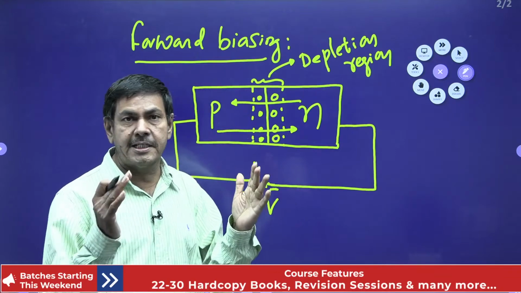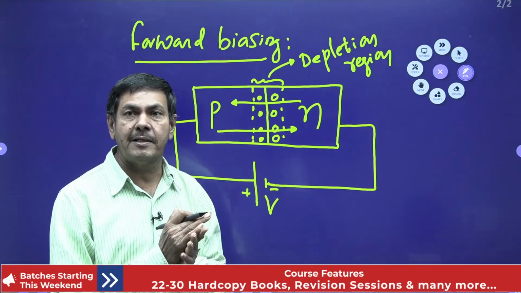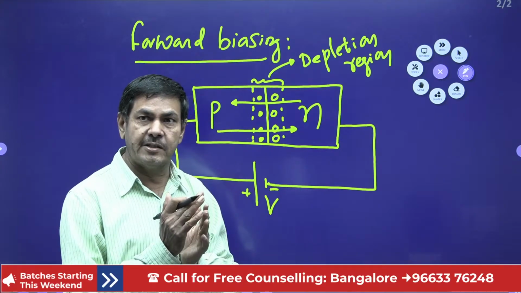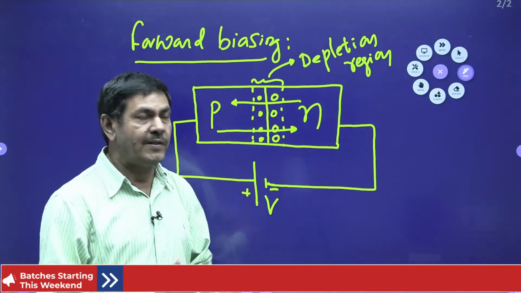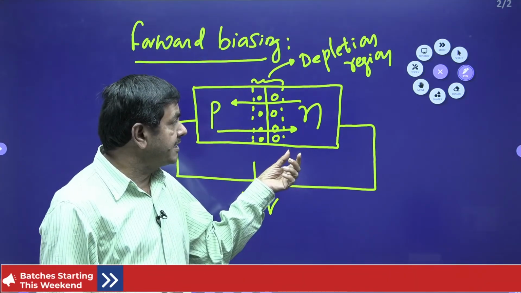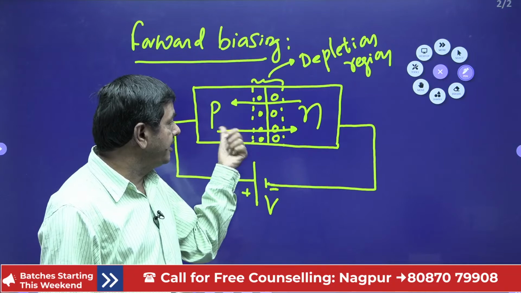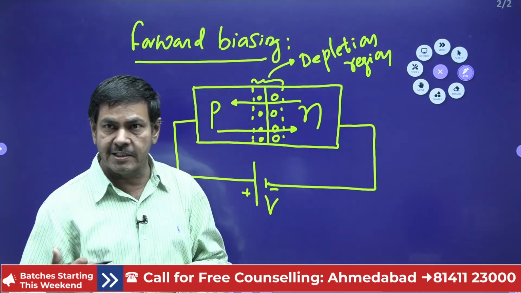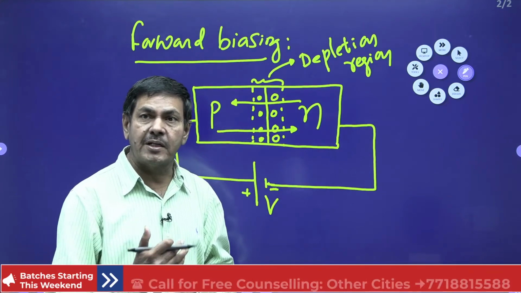Whenever the depletion region decreases, the electric field intensity in the depletion layer reduces due to the decrease of the width. When the electric field intensity reduces, the minority carriers moving from N-type to P and P-type to N will be reduced, because whenever the electric field intensity is reduced, the drift current also reduces.